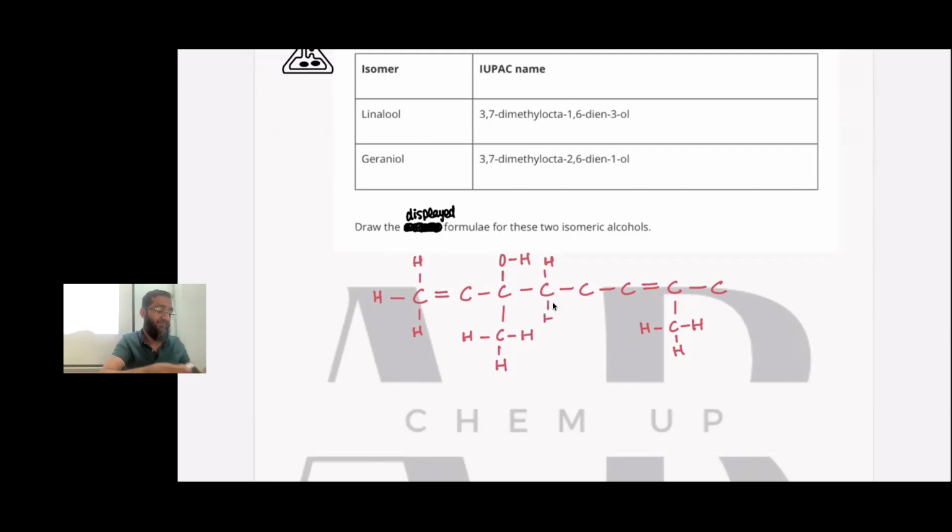Ridwan, are you drawing? Okay, very good. You just need to count the bonds which are already there on the carbon and then make more bonds with hydrogen, completing 4.